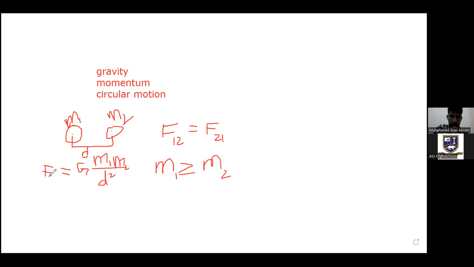So according to Newton, gravitational force is proportional to the product of both masses and inversely proportional to the square of the distance.